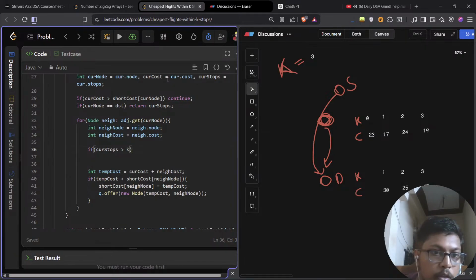But the thing is, when current stops exceed, should I put them into the queue? Should I process them? This is a good question.